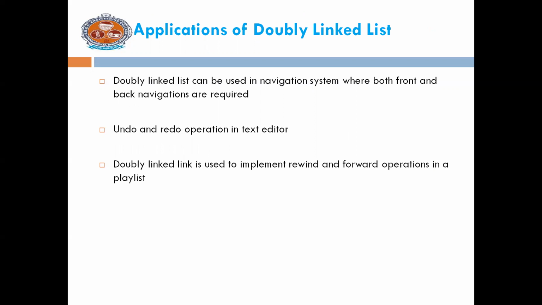At last, I'm concluding the overall concept of doubly linked list. A doubly linked list is a variation of a single linked list in which traversing can be done in both directions, that is left to right or right to left. It differs from a single linked list in that each node in a doubly linked list contains an extra pointer to the previous node along with the next pointer.